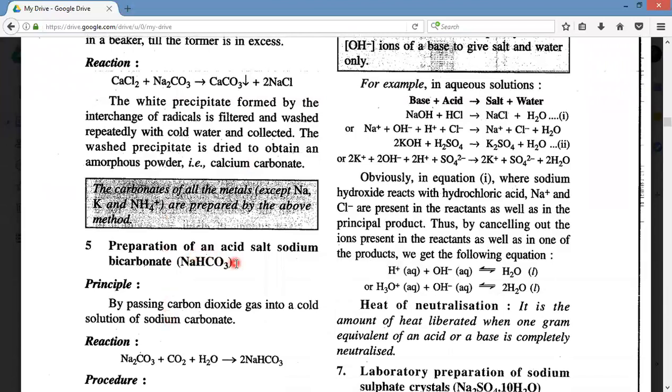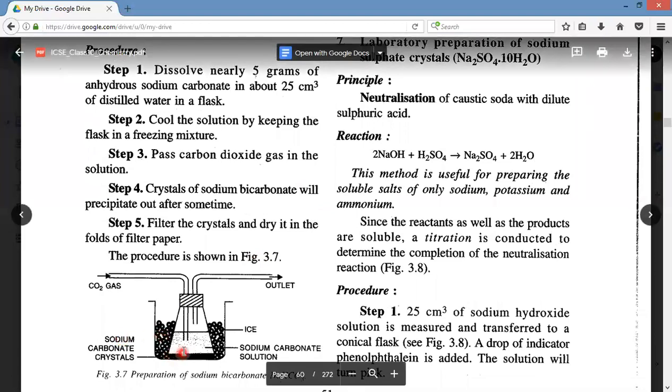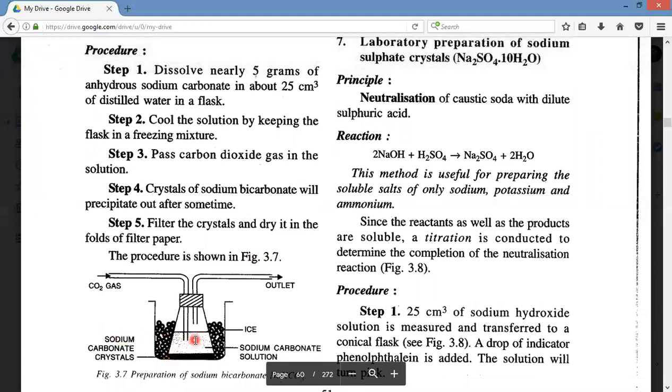Next preparation is the preparation of sodium bicarbonate, that is an example of an acid salt. Here the process is somewhat different. First of all, we have to take the sodium carbonate crystal in a conical flask which has two delivery tubes, one for the inlet and one for the outlet. That conical flask is placed in a trough containing ice.